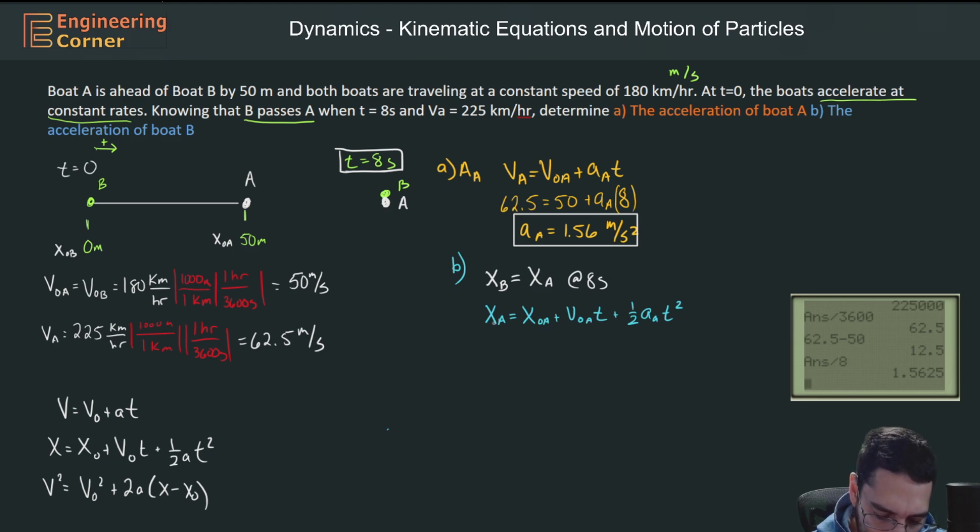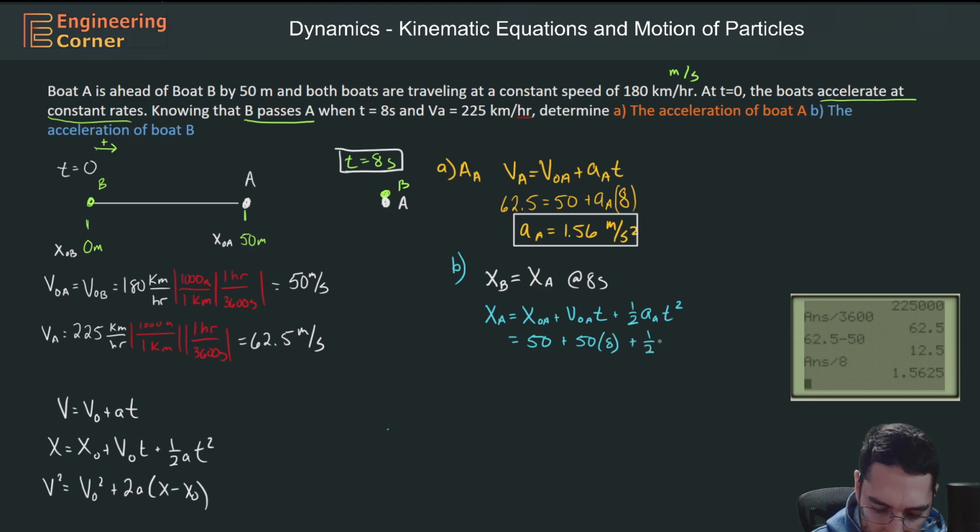Okay, I'm looking for this. I know my initial position is 50. I know my initial velocity is 50 meters per second. My time is 8 seconds.